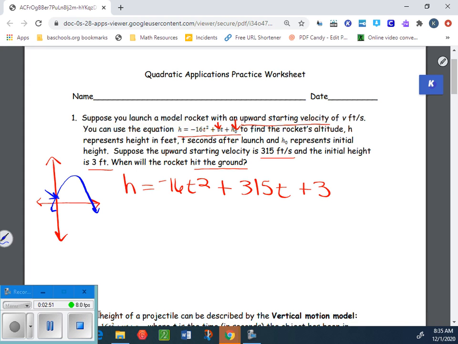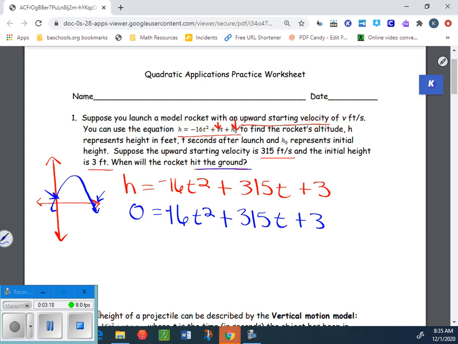The rocket goes up and then gradually, because of the velocity, the gravity eventually pulls it back down to the ground. So right here is where we're looking. We're looking for when our height is 0. Think about this: when it hits the ground, the height above the ground is 0. So that's when we would substitute that 0 in.